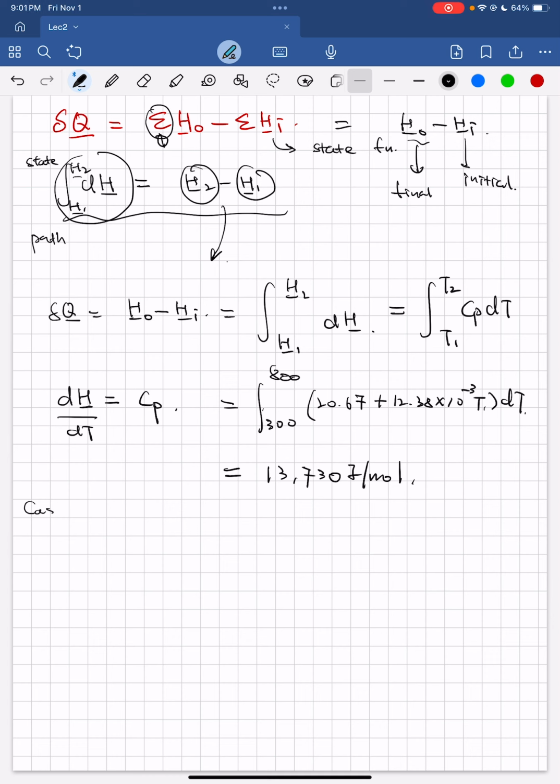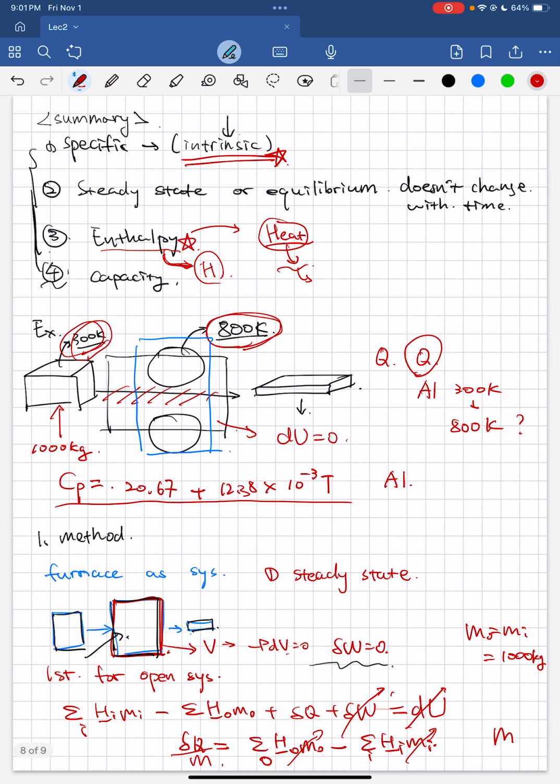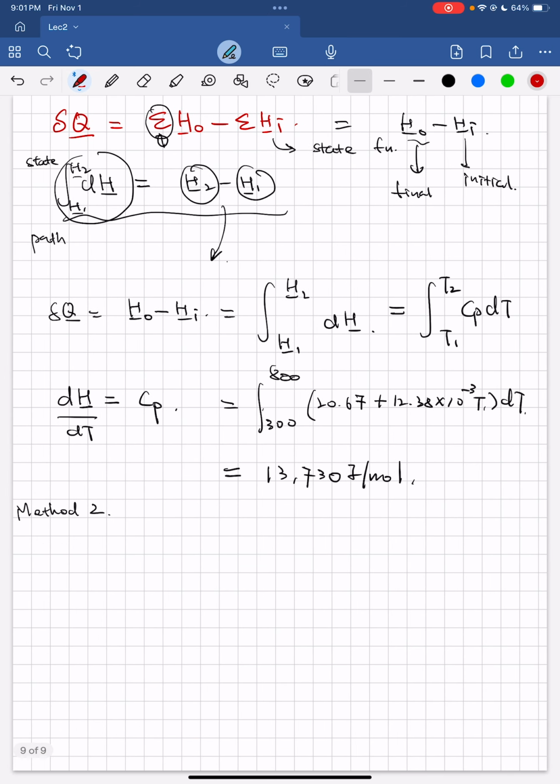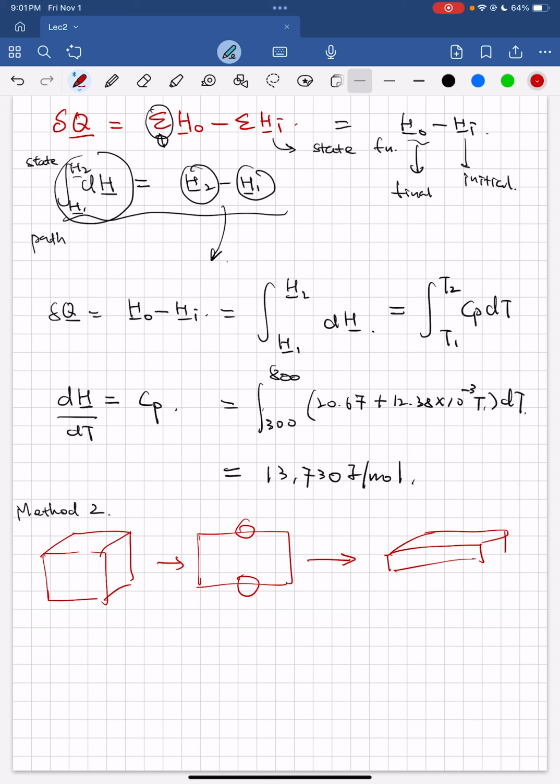And method 2. We are going to look at this guy as our system, not the furnace. Now it's not an open system anymore. It is a closed system. But this closed system is going to enter this furnace and come out as another thin foil, right?